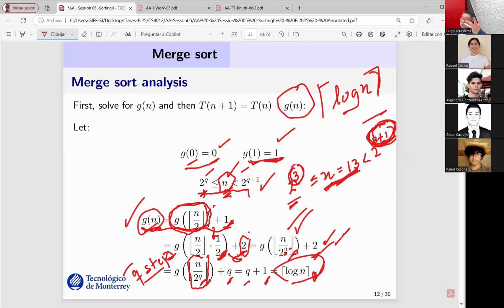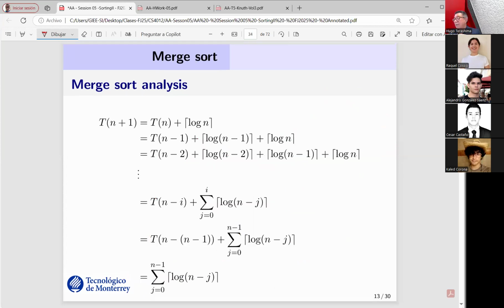But remember, we have to return t of n, because g of n is t of n plus 1 minus t of n, right? So t of n plus 1 is equal to this, and then I can solve by substitution again.